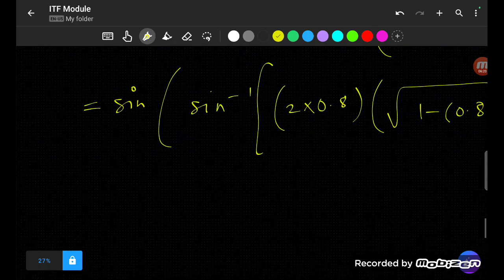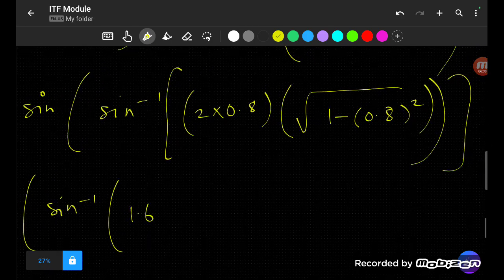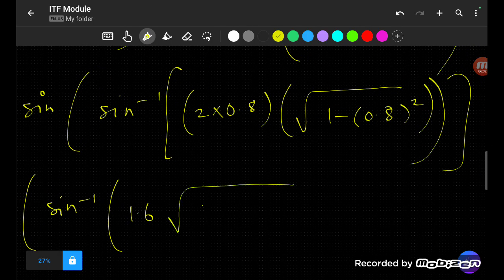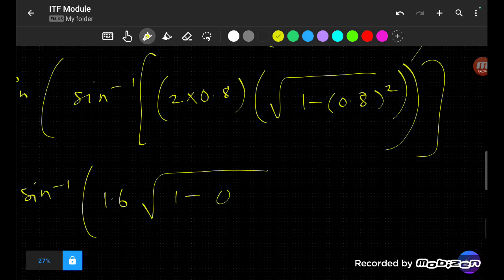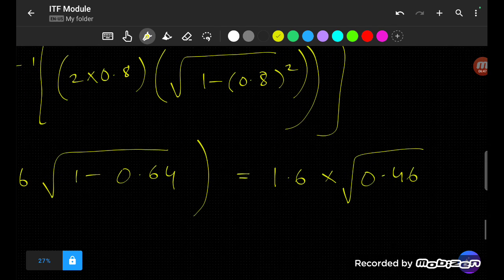So if you were to do this, you would get sine of sine inverse 1.6 upon root 1 minus 0.64, which is equal to 1.6 into 0.6 under root.